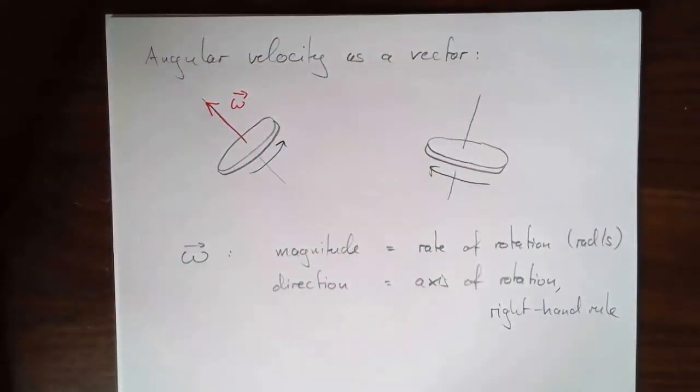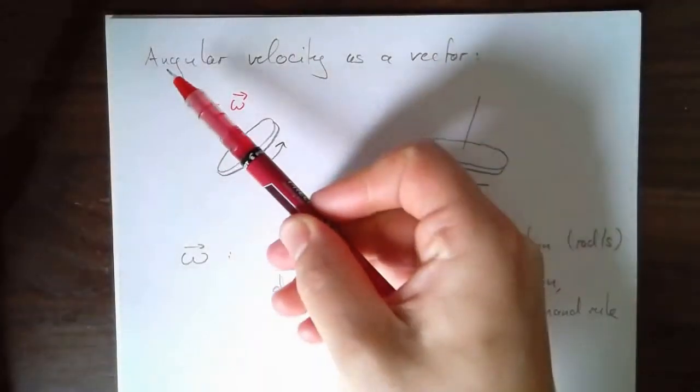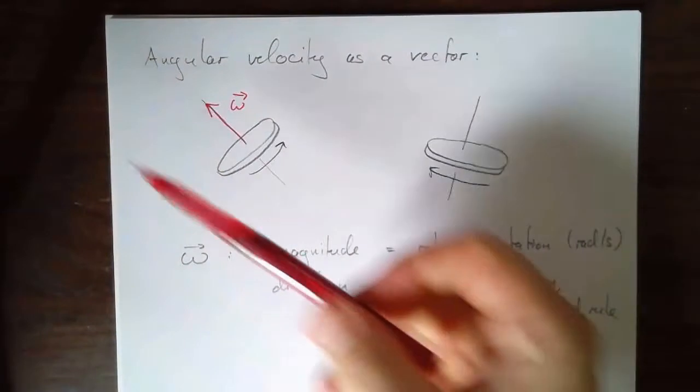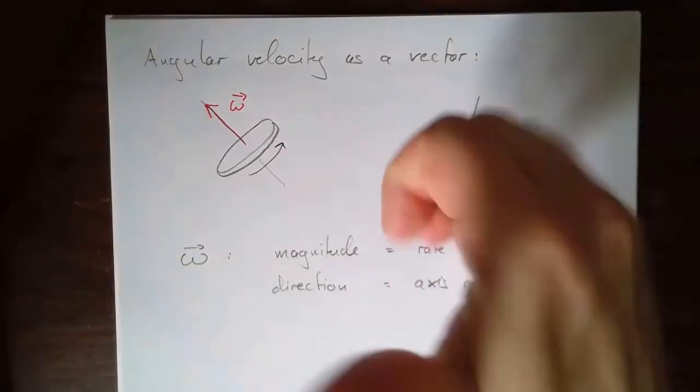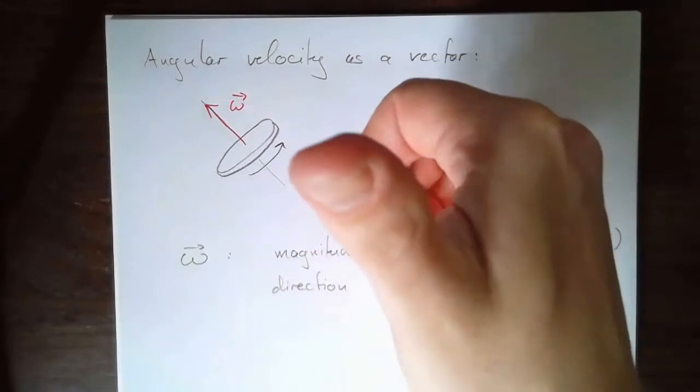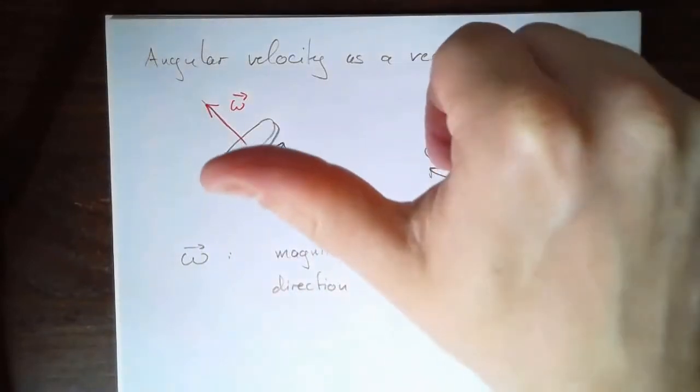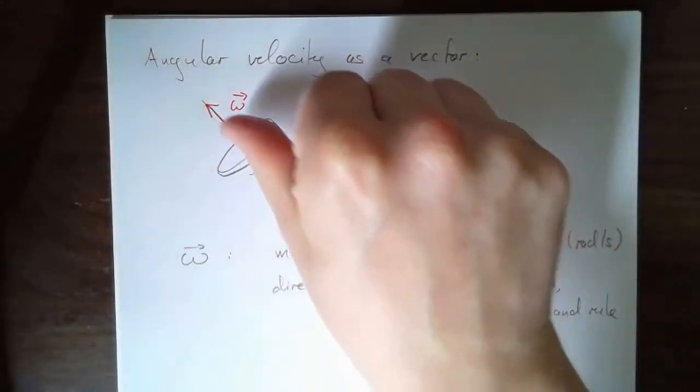Of course, there is the question of, is omega this way or is omega the other way, right? The axis still has 2 directions. It's like a 50-50. So there we're going to apply what's called the right-hand rule, and it looks like this. You take your thumb, and your thumb points in the direction of the vector, then your fingers curl around.